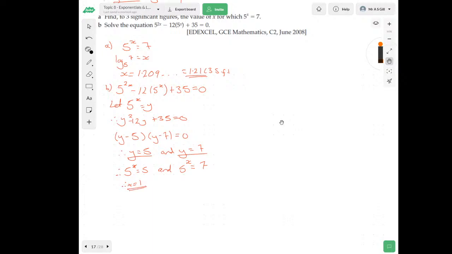And 5 to the x equals 7, we've already worked that out in part A. So for this solution, we get 1.21 to 3 significant figures. Okay, so that equation is now solved. Again, really important, even though we're using that substitution, we must always go back and work out the unknown that is being given in the question. So in this case, it was x.